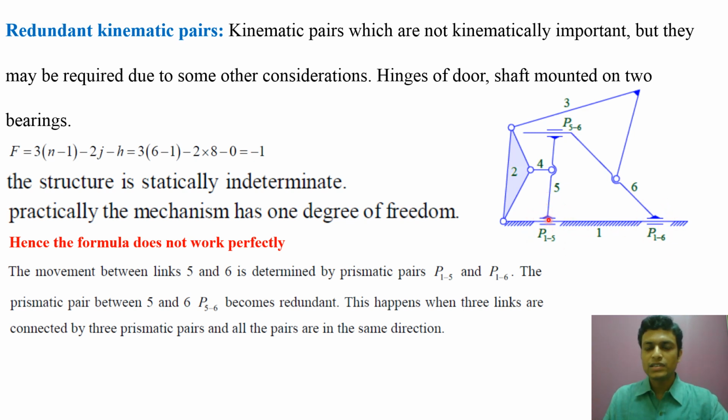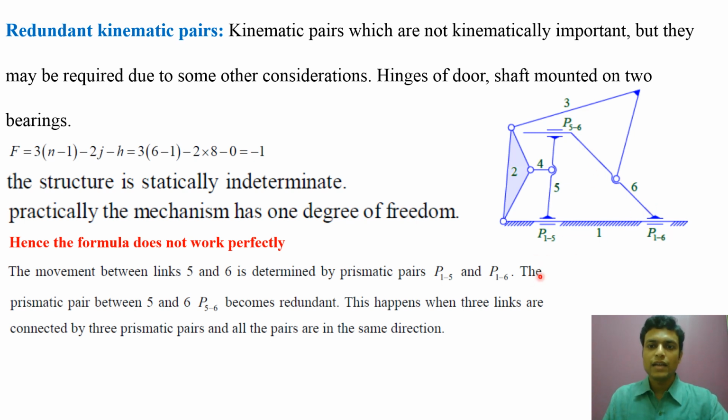If 5 is connected to 1 by P15 and the axis of this prismatic pair is horizontal, then 5 is constrained to move only in the horizontal direction. 6 is also constrained to move only in the horizontal direction. So the movements of links 5 and 6 are restricted by P15 and P16.